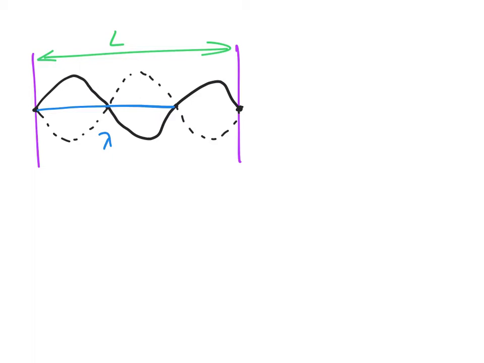And you know, these nodes that we see here, so here lambda is 2/3 of the length. So we see this if we look, and then we get lambda equal to 2/3 of the length. Okay, so what are we going to do?